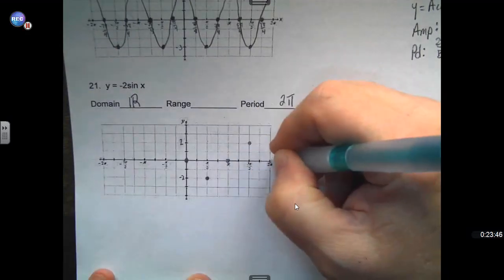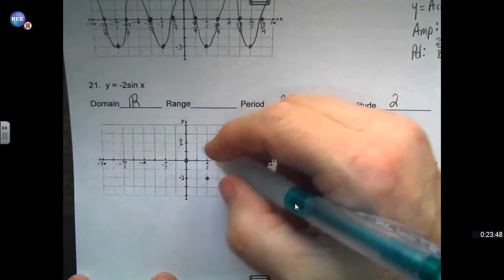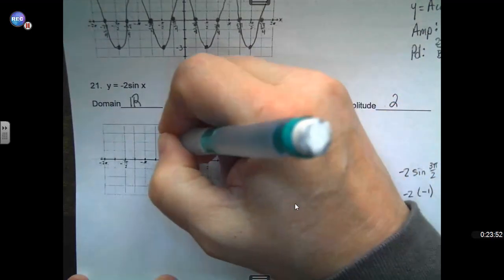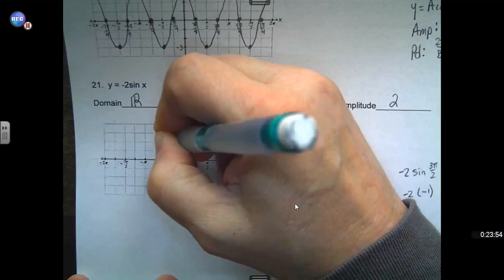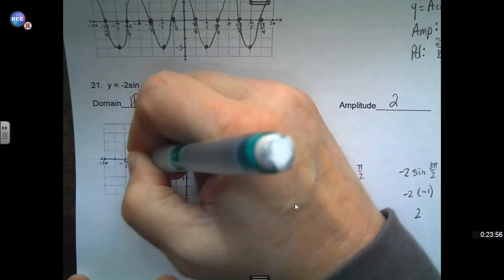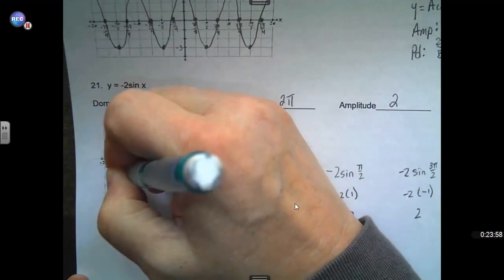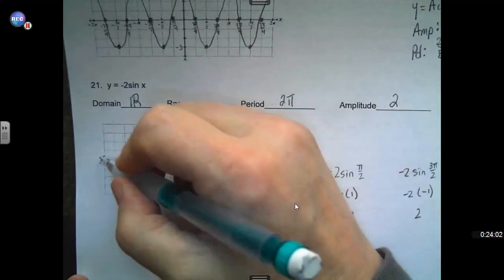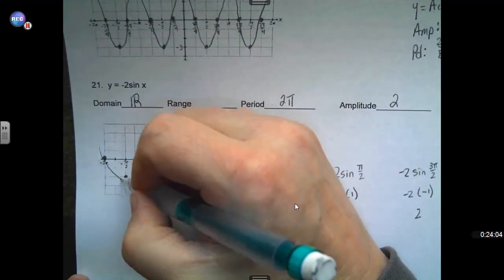And then at 2 pi, I go back down to 0. So going this way, at negative pi over 2, I'll be up at 2, and at negative 3 pi over 2, and 2 pi, and that's it.